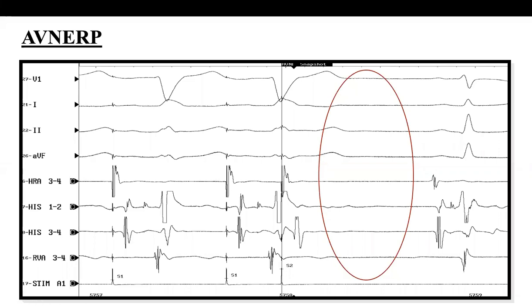We do the drive train with the extrastimulus, and this extrastimulus is decremented by 10 milliseconds each time, for example, or 20 milliseconds, depending on the lab. That is to assess the conductivity of the tissue itself, of the chamber, or the following tissue, which is the AV node or the accessory pathway. So by all means, we cannot call it undersensing or oversensing, because this is simply programmed stimulation. We are forcing the heart by pacing to see what the response is.